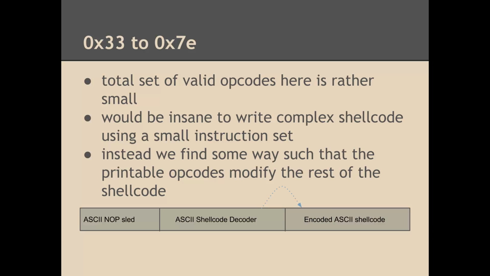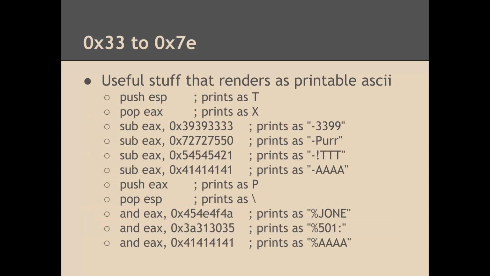So the way this is done is you find some sort of algorithm that allows you to use the very limited instructions you have in this range to do some form of encoding. These are examples of assembly instructions that map to actually valid ASCII.